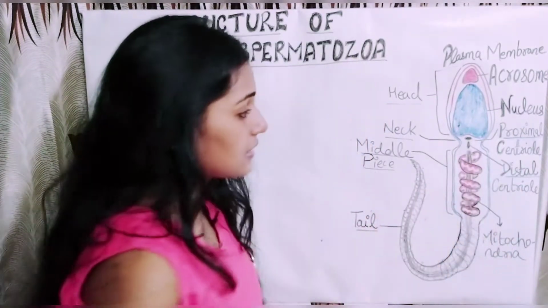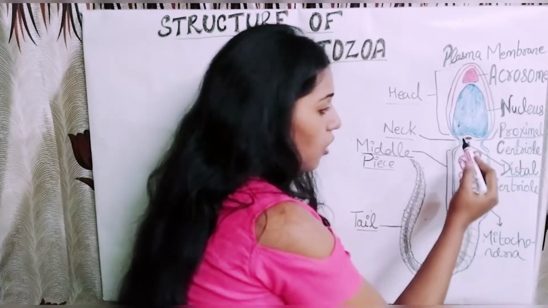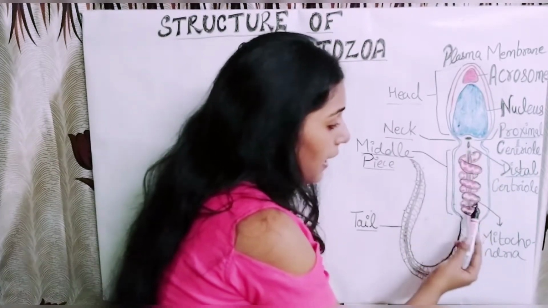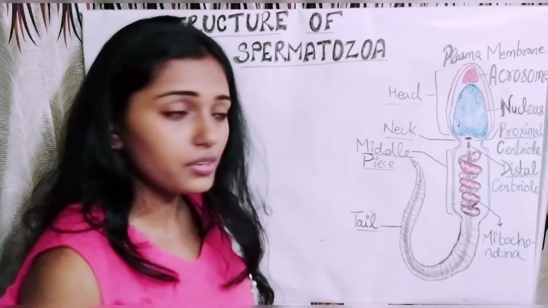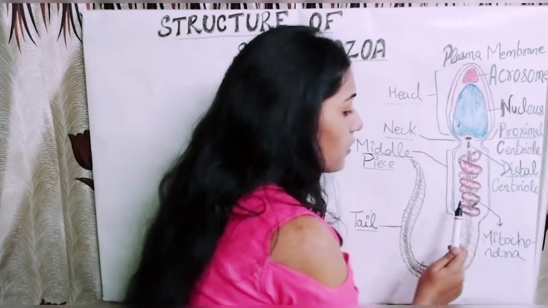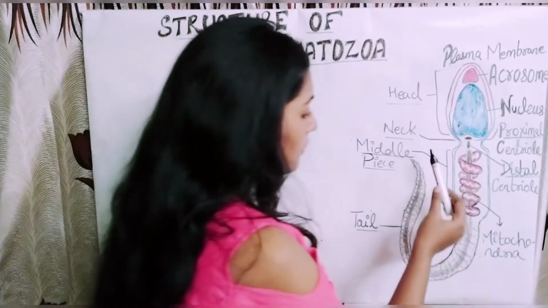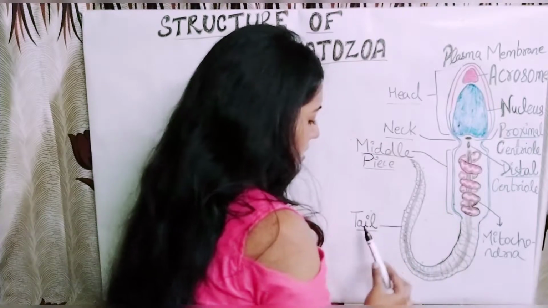Okay, now the third part is the middle piece. The middle piece contains the axoneme or the axial filaments, which are surrounded by spiral mitochondria. The mitochondria are spirally arranged in the middle piece of the spermatozoa. Then the last portion is the tail.